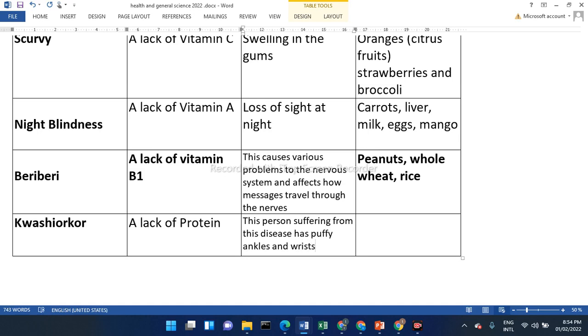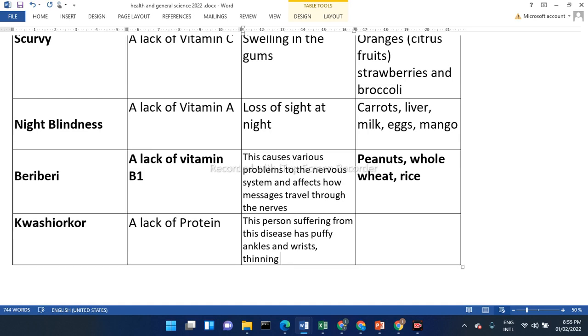Because remember, what is protein used for? Growth and repair. It's a very important thing to remember. They always ask that type of question. Protein is used for growth and repair of tissues and cells. That's what they love to ask.